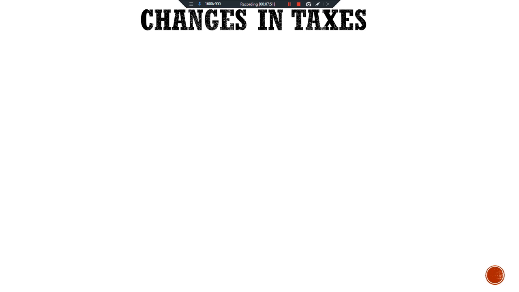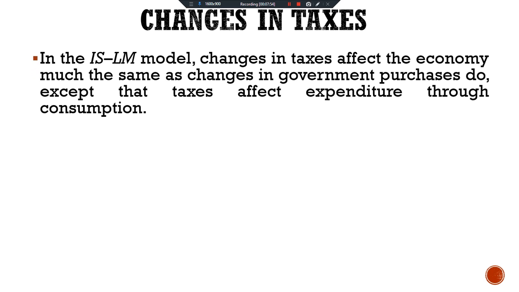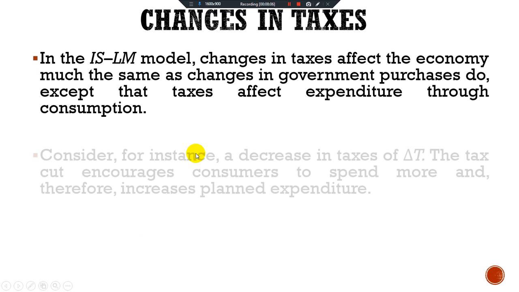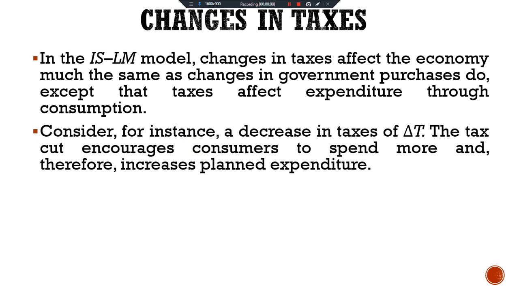Changes in taxes. In the IS-LM model, changes in taxes affect the economy much the same as changes in government purchases do, except that taxes affect expenditure through consumption. Consider, for instance, a decrease in taxes of delta T. The tax cut encourages consumers to spend more and therefore increases planned expenditure.